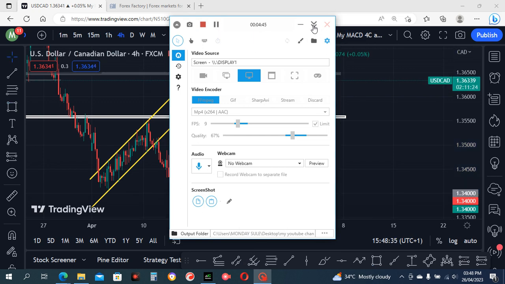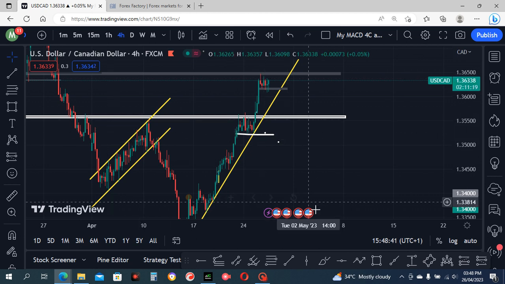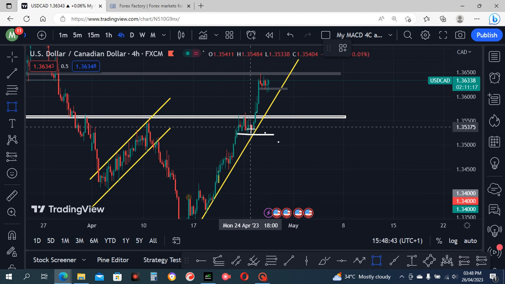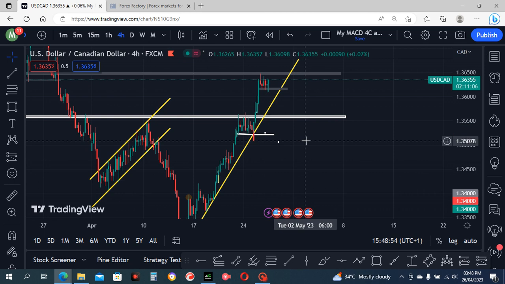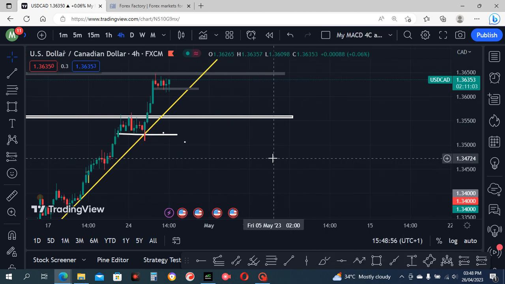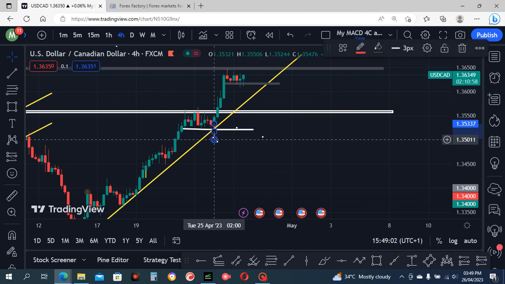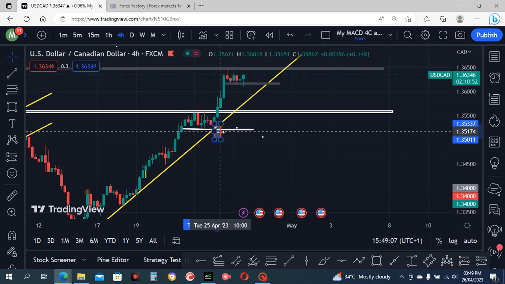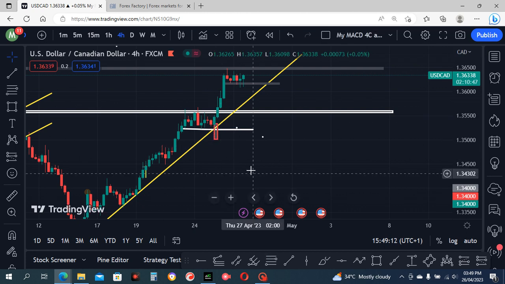So like I was saying, the other confluence I was waiting for was a push to the downside, a bearish push. If a bearish candle pushes like this to the downside and closes like this, a bearish engulfing candle, if we see something like this to the downside, I'll take a trade.